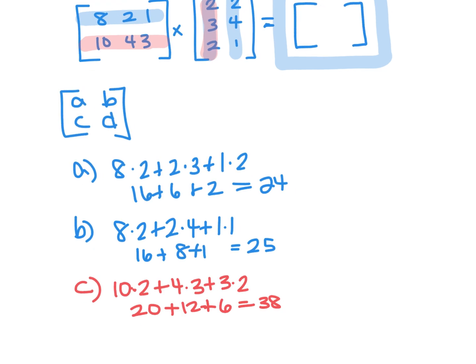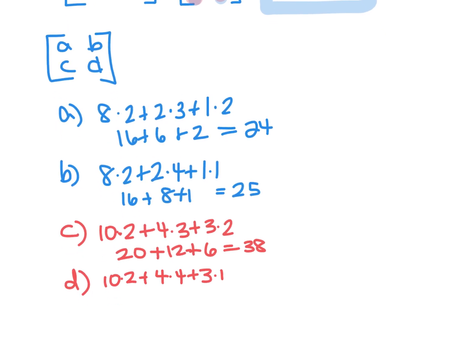And then our final one, D, we're going to find by multiplying this second row by our second column right there. All right, so that's going to be 10 times 2 plus 4 times 4 plus 3 times 1. So that's 20 plus 16 plus 3, which is 39.